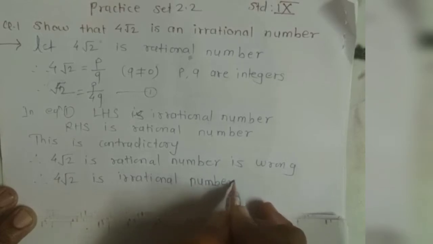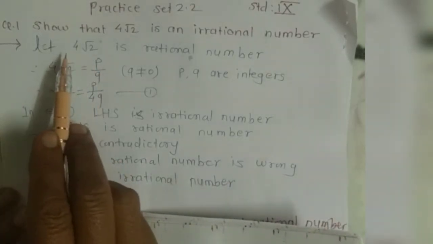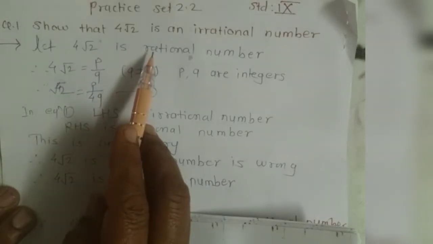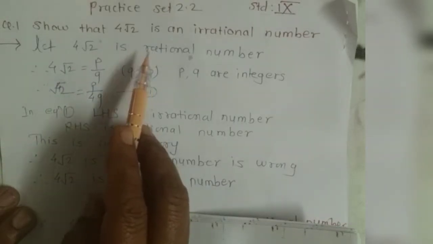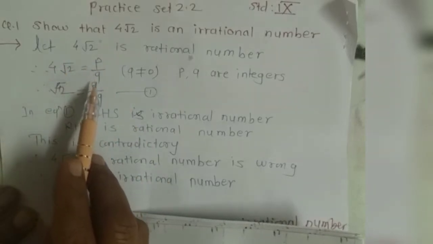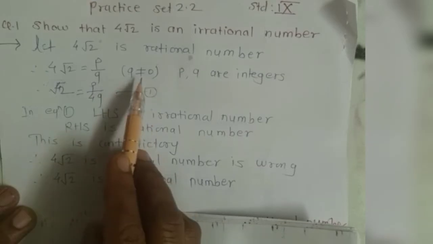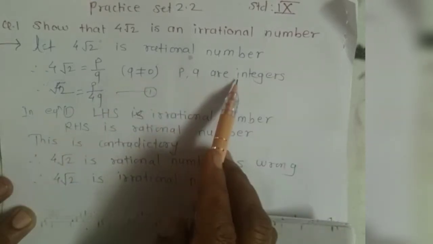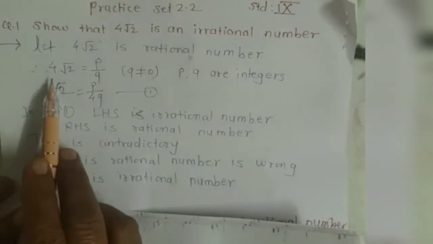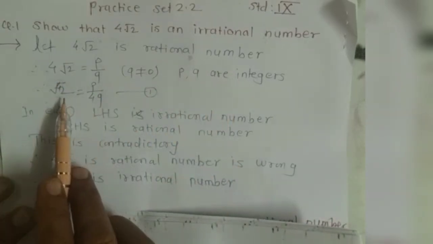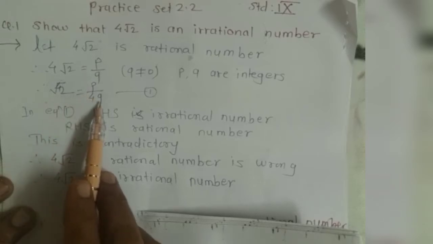Again I explain here. First we assume 4 root 2 is a rational number because of the indirect proof method. Therefore it can be expressed in the form of P upon Q, where Q is not equal to 0, and P, Q are integers according to the definition. Transferring this 4 to the right side, we get root 2 is equal to P upon 4Q.